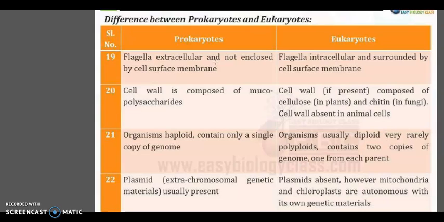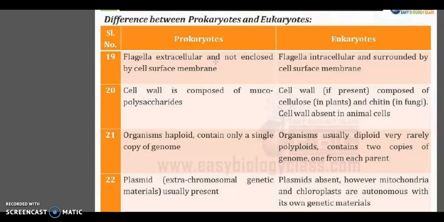The cell wall is composed of mucopolysaccharides in prokaryotes, whereas in eukaryotes, the cell wall is composed of cellulose in the case of plants, chitin in the case of fungi, and the cell wall is absent in animal cells.